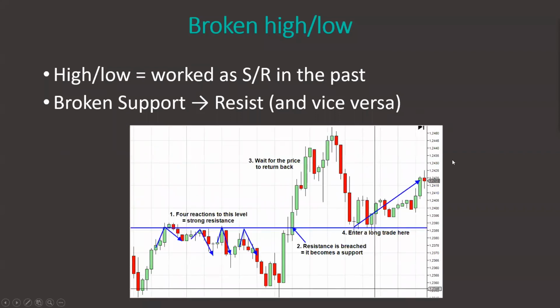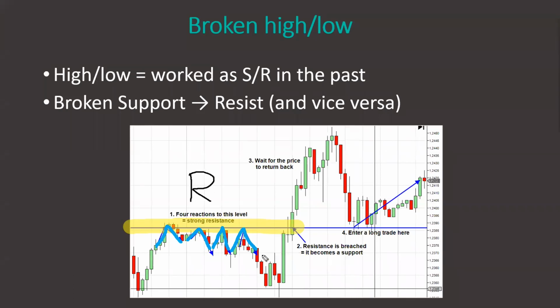Let's now check a long trade scenario. In this case, the price was bouncing in here, was bouncing off an area 4 times. So when you see this, you can assume that this was a resistance, right?